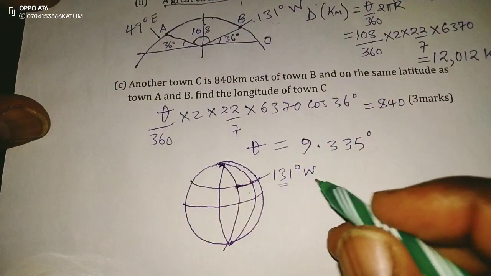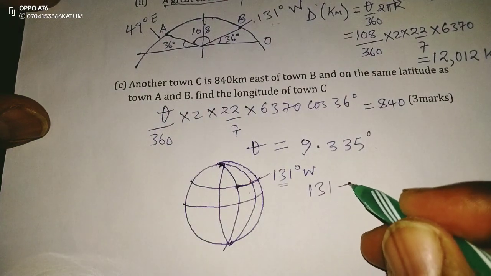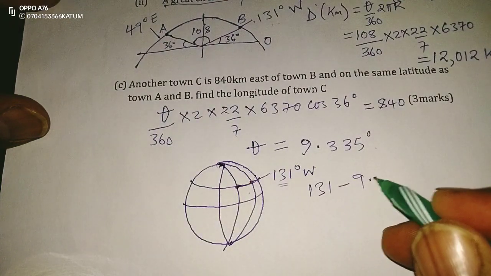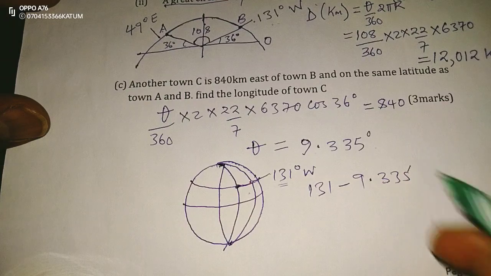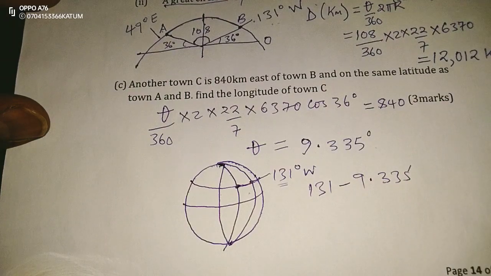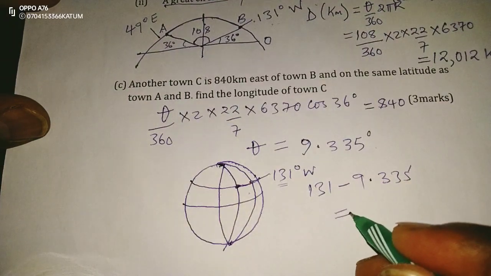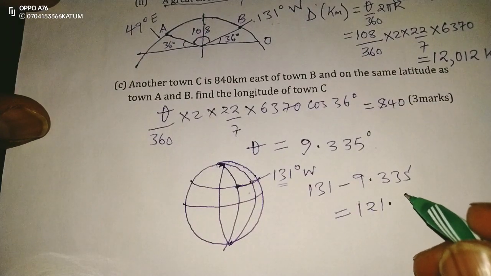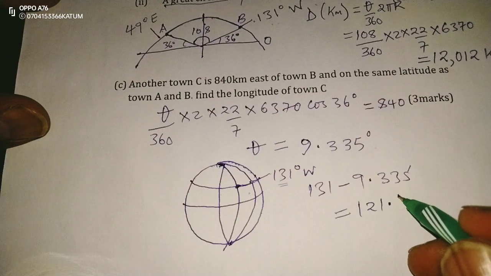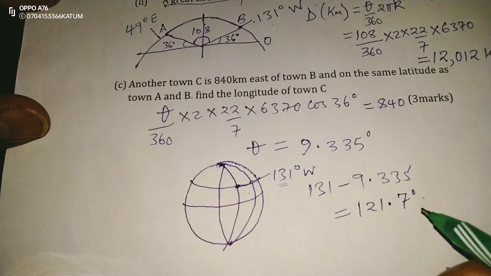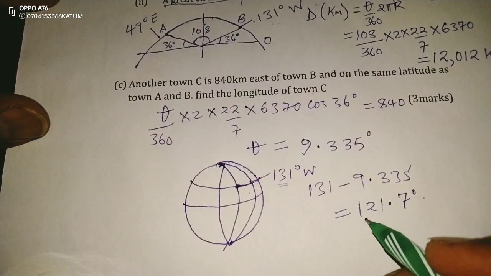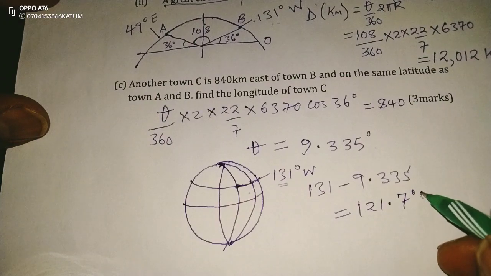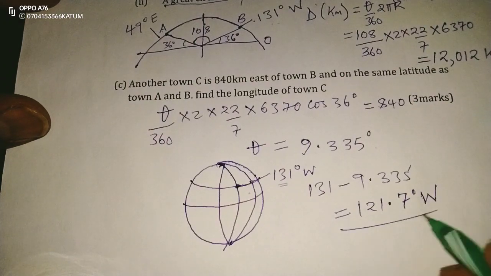So the longitude of town C will be 131 minus 9.335. So 131 will take us to 121.66. Can have it as 121.7 to 1 decimal place. So this is 121.7 degrees in the west.